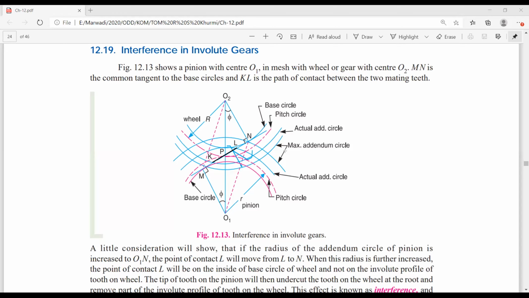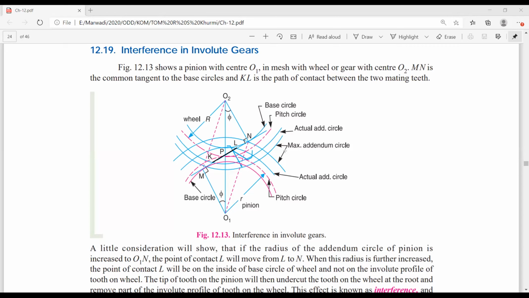It goes up to the addendum, but which addendum? The actual addendum, considering the clearance. Now we are increasing the addendum. Why? Because for this study we need to calculate the maximum possibility. So what is the maximum limit to increase the addendum circle?